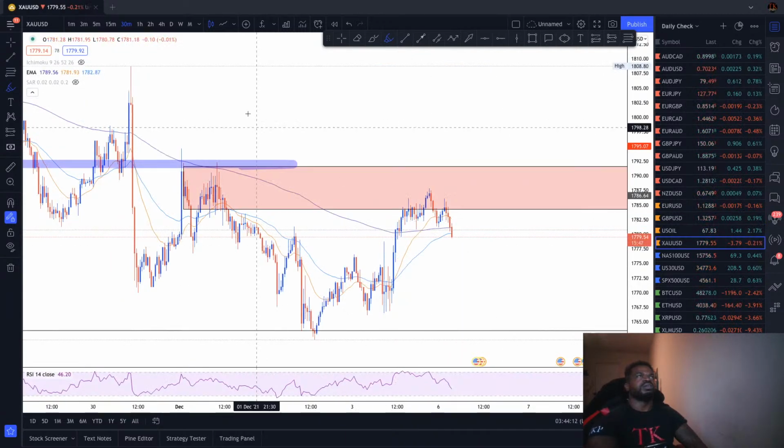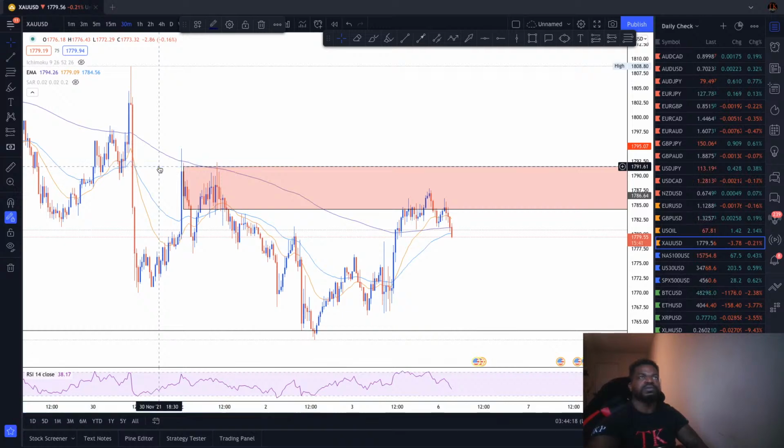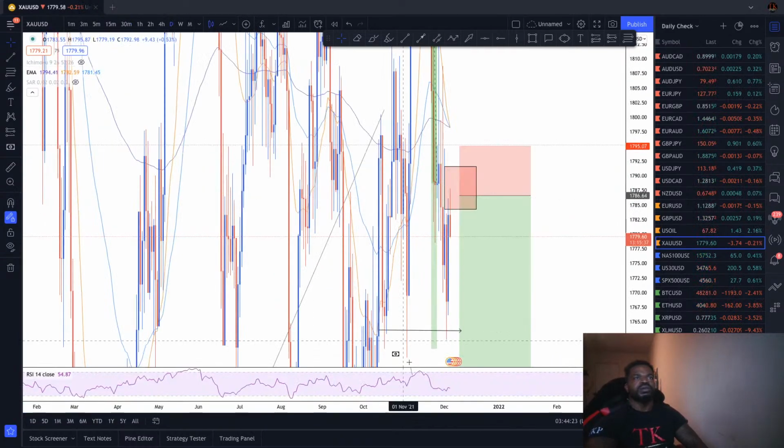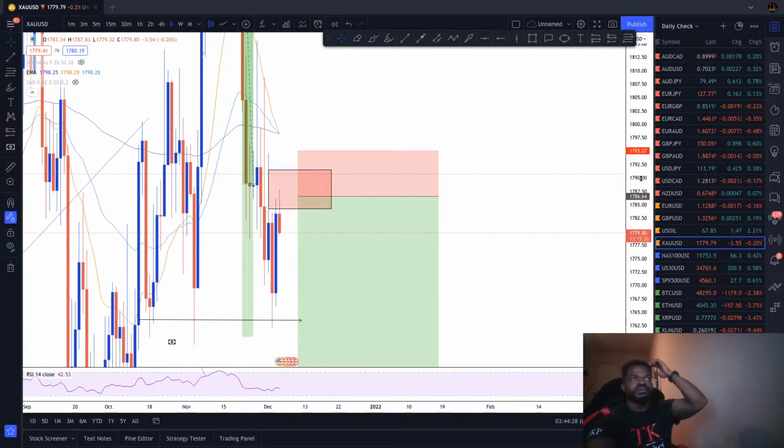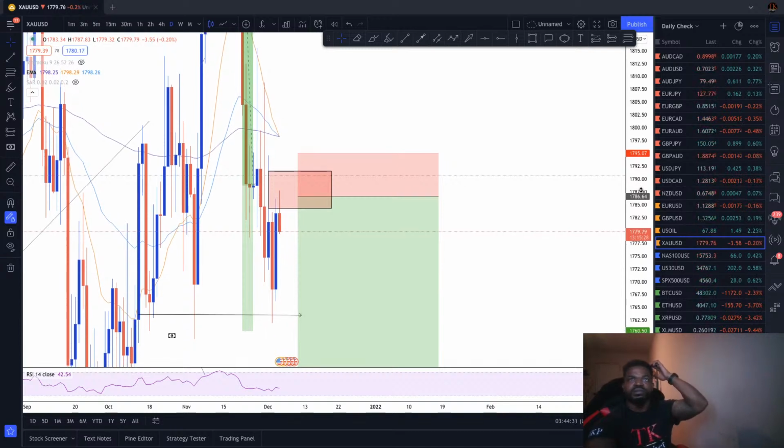We also entered a gold sale. Right now, this gold sale is in profit. So right now, we still got gold and Euro USD in profit from our aggressive entries from earlier today.